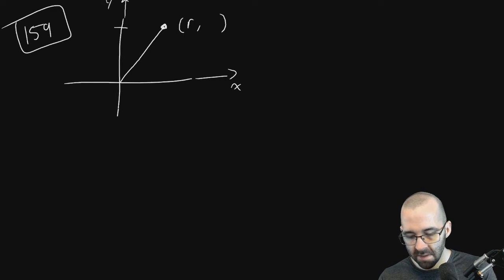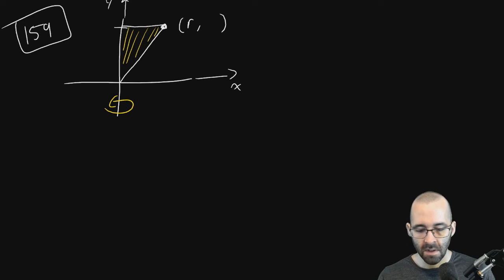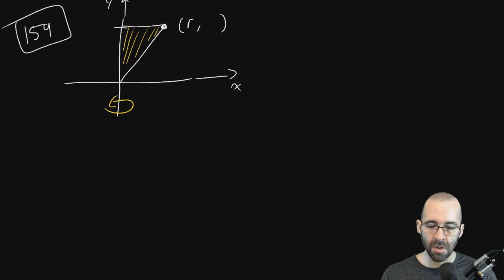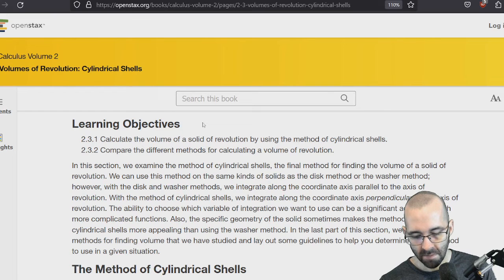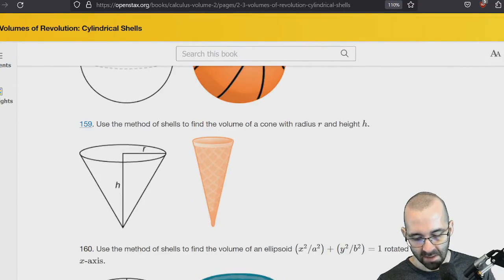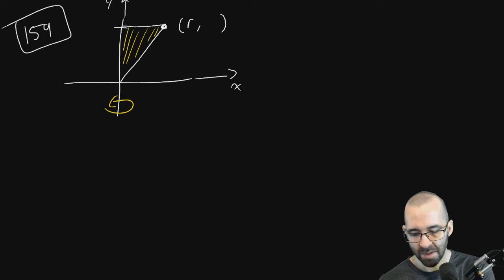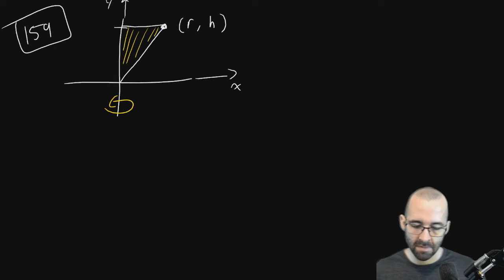We're rotating this like so. So then the question is, what is the y-coordinate here? It's going to be the height. And what is the height? Actually, no, we can't express it in terms of r. There's going to be some value h.